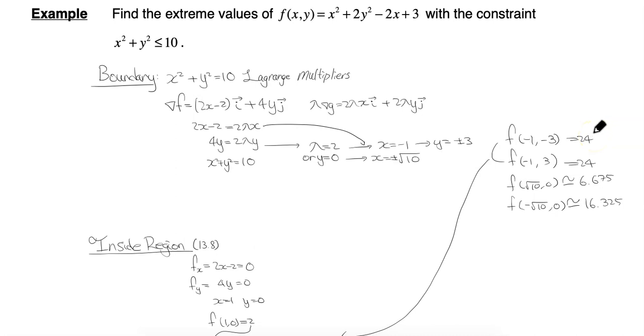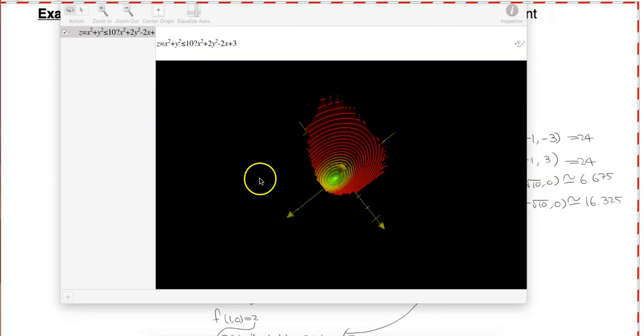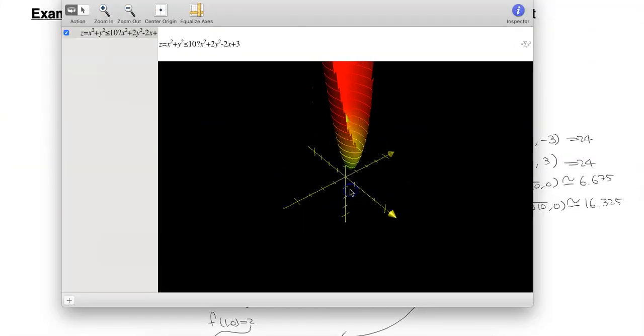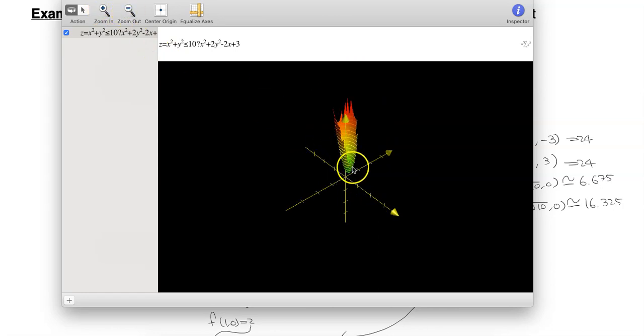So on the boundary, it looks like we have 2 points where the z value is 24, the highest points, and then we have a place where the height is approximately 6, and a place where the height is 16. Let's just look at what this corresponds to. This is the lowest, the height is 6.